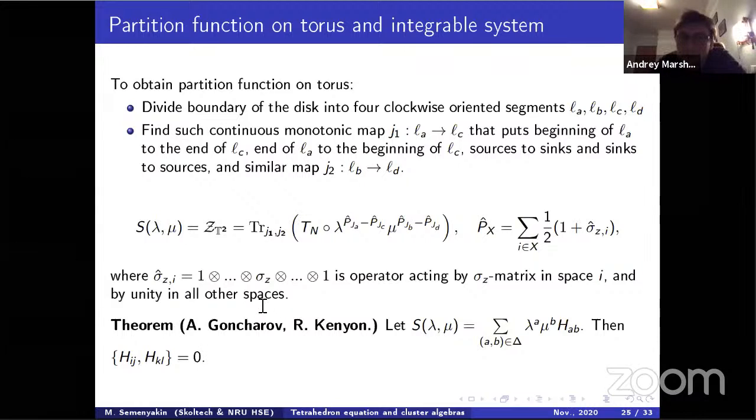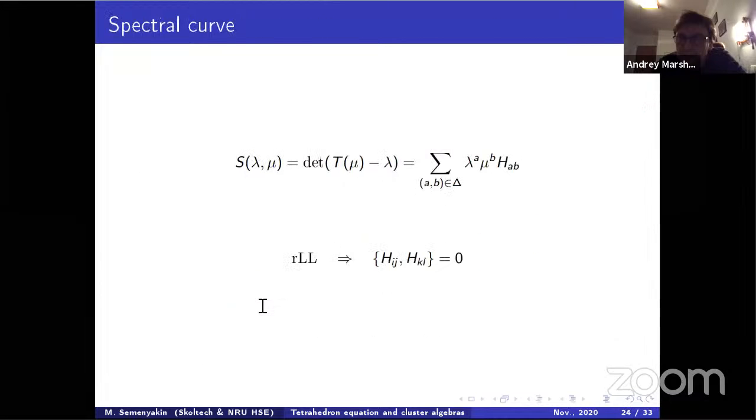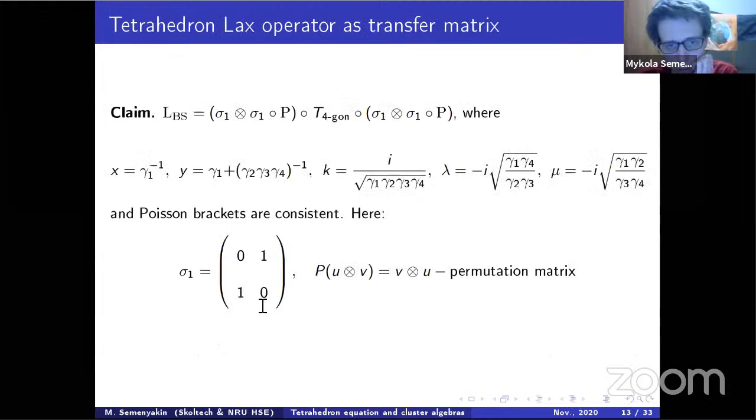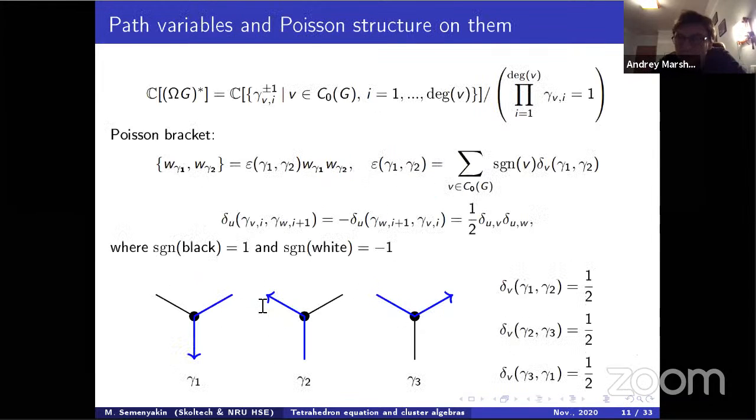I'm confused now. What is the bracket in Goncharov and Kenyon? The same as here. So it's defined on paths. Yes. But not with the help of this dual surface, just on paths like you defined.